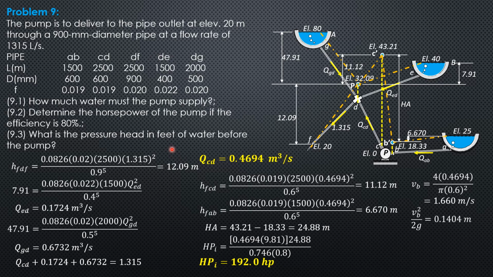Since the pressure head must be expressed in feet of water, the pressure head is 18.33 minus this velocity head. Remember, the difference between hydraulic grade line and energy grade line is the velocity head. So the pressure head at B is 18.33, total energy, minus velocity head, then times 3.281 feet per meter. So the pressure head at B in feet is (18.33 minus 0.1404) times 3.281. So the pressure head at B is 59.68 feet.